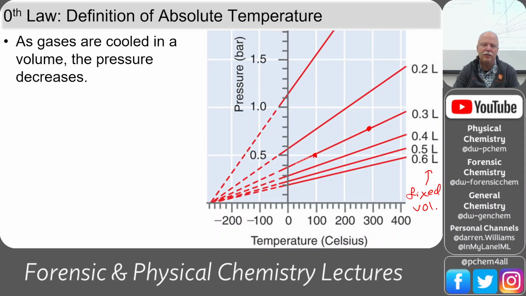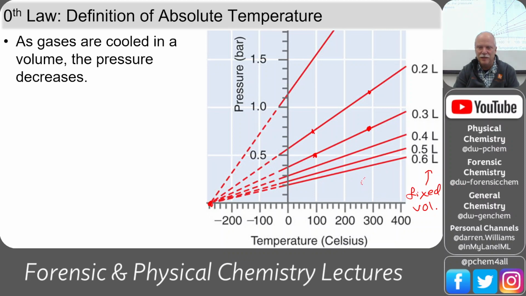So we draw a line through there, and we hit the x-axis here at some negative temperature. Then we put it in a different volume container and redo the experiment. And then we extrapolate that line down to where pressure goes to 0. And we get the same negative temperature number.